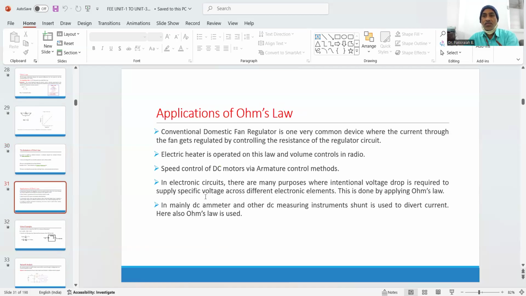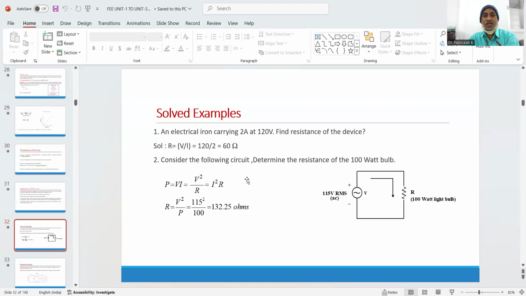Some of the applications of Ohm's law: you can see here the conventional domestic fan regulator, one of the very common devices where the current through the fan gets regulated by controlling the resistance of the regulator circuit. Another application we can see is in the electric heater, then speed control of DC motor via armature control methods.